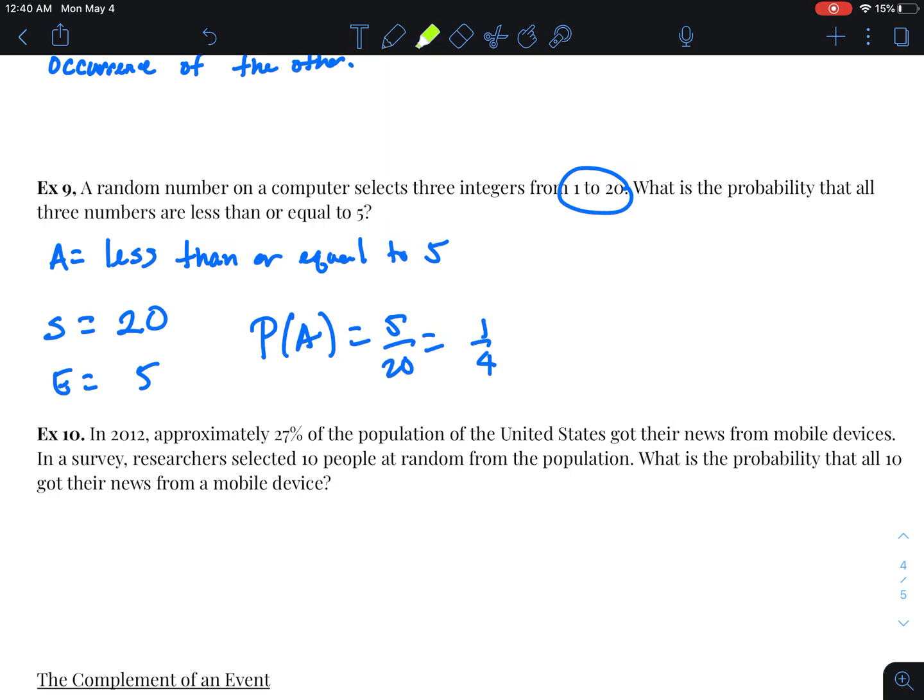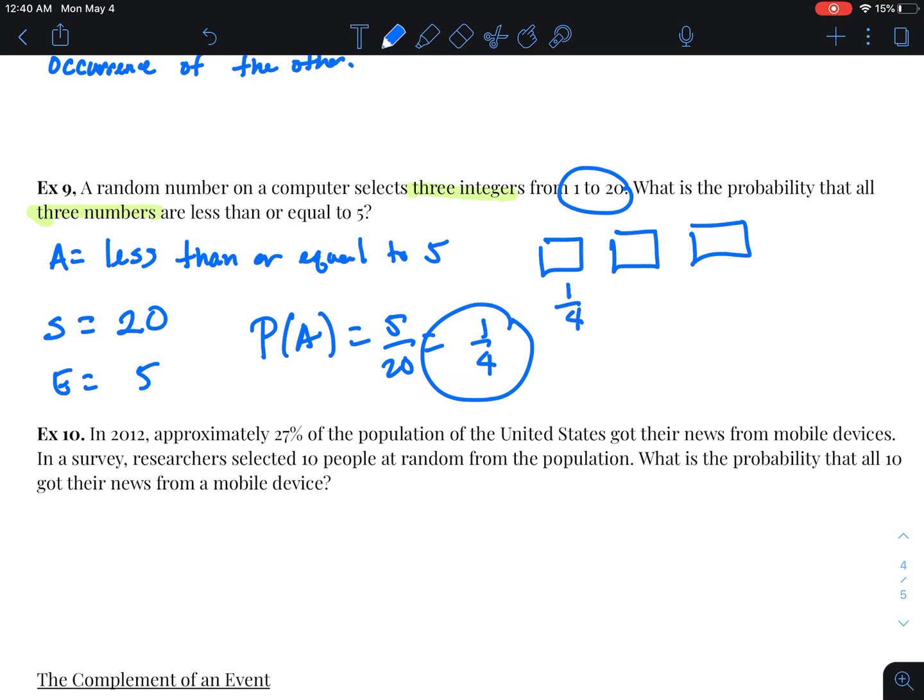Okay, so here's the thing. We are going to select three integers. So they're all independent. They have nothing to do with each other. So let's say we pick the first number. The probability that the first number is less than or equal to 5 is 1/4.